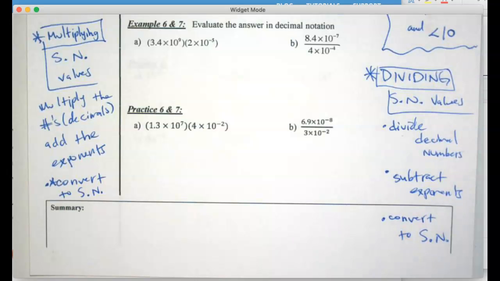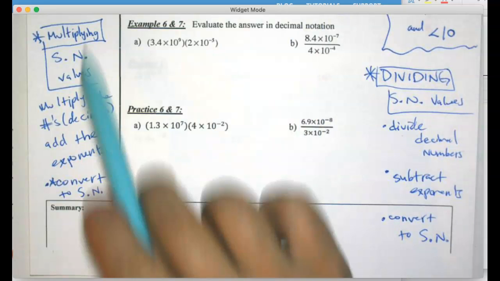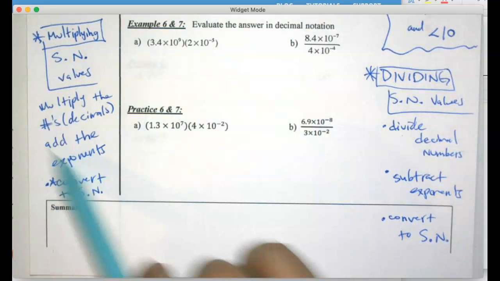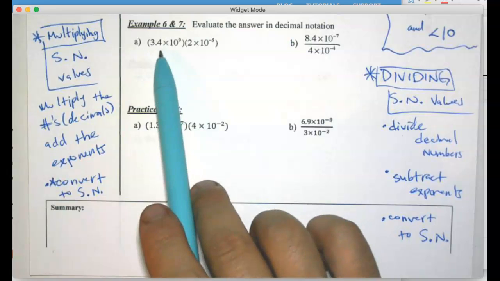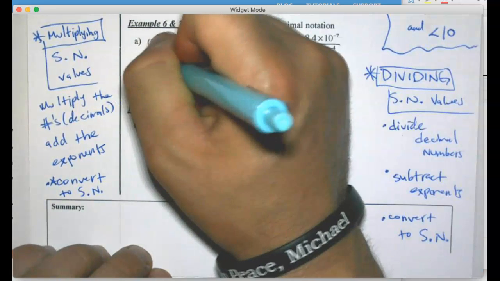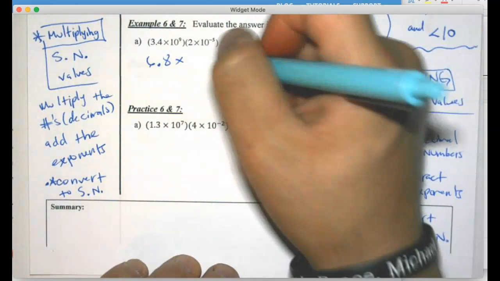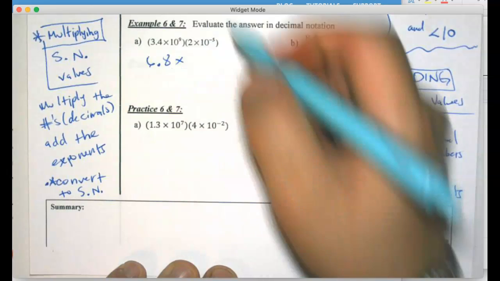Okay, so this last little section, guys, it's numbers that are in scientific notation being multiplied or divided. If you're multiplying, here's what you're going to do. You're going to multiply the decimal numbers. So 3.4 times 2, that's going to be 6.8. And you're going to just add the exponents on the powers of 10. So 10 to the 9th times 10 to the negative 5th.